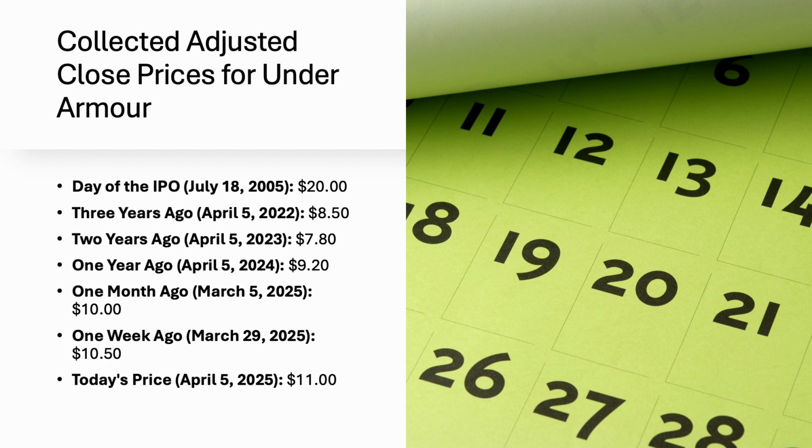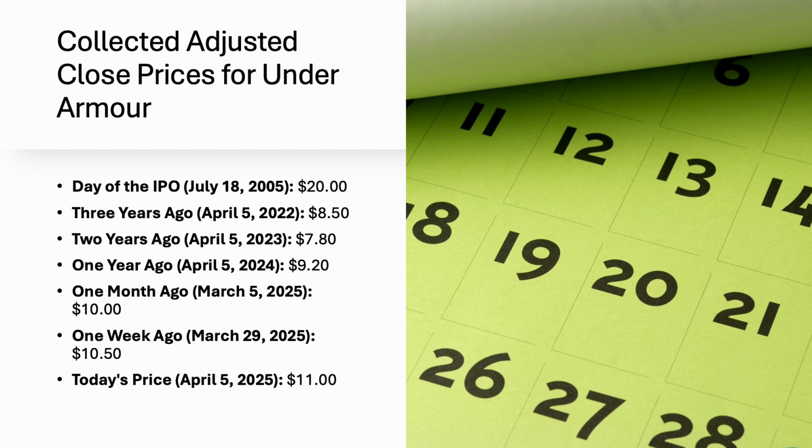As you can see, these are our collected adjusted close prices for Under Armour. The day of the IPO, July 18, 2005, was $20. Three years ago, April 5th, 2022, was $8.50. Two years ago, April 5th, 2023, was $7.80. One year ago, April 5th, 2024, was $9.20.